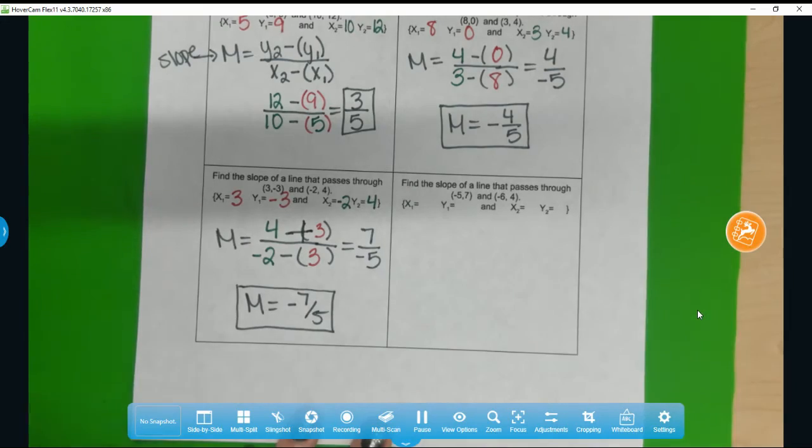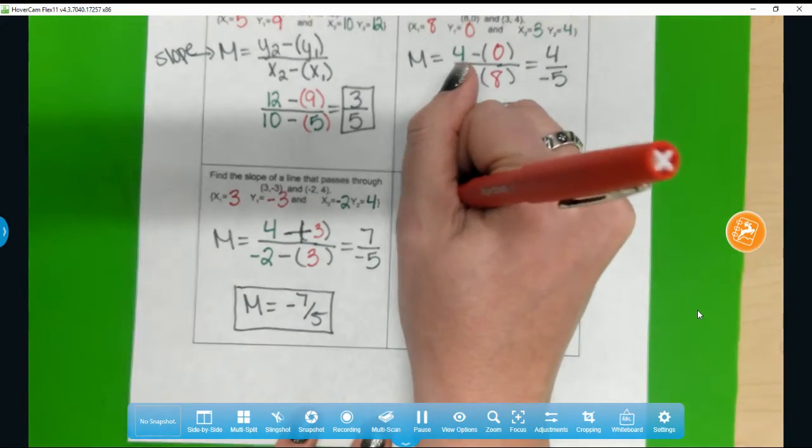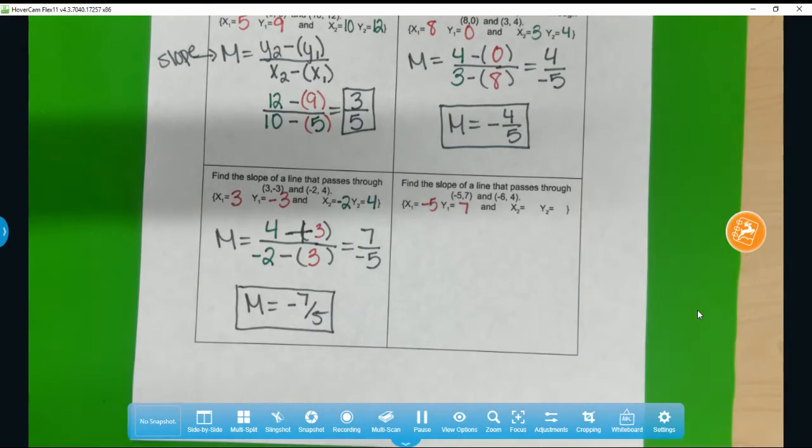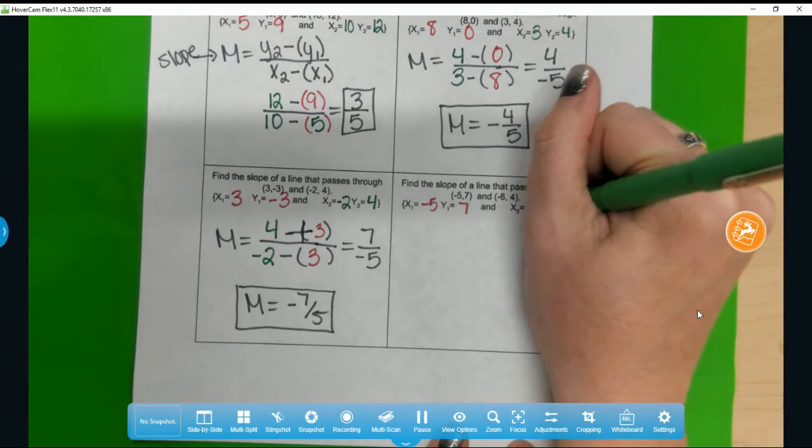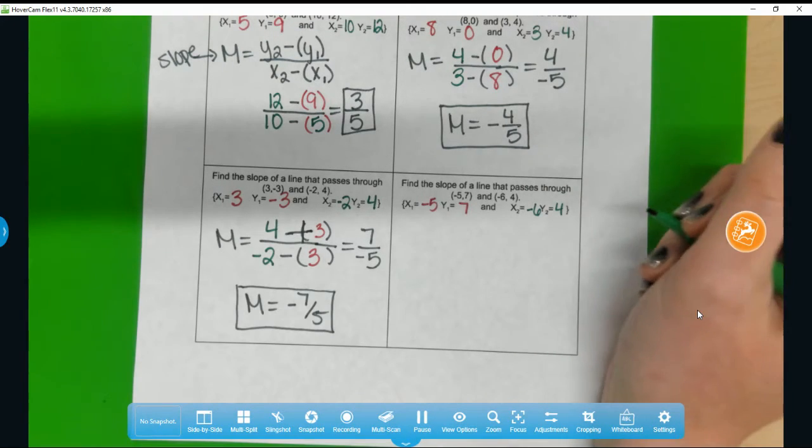Okay, so now x1 is negative 5, y1 is 7, x2 is negative 6, y2 is 4.